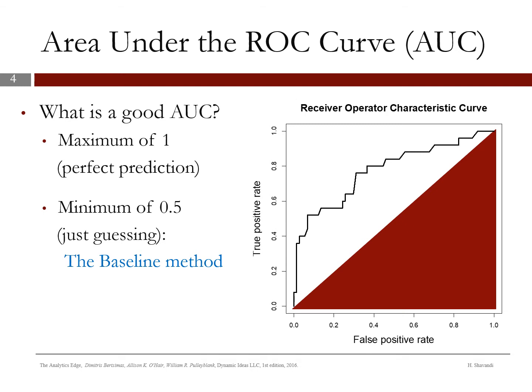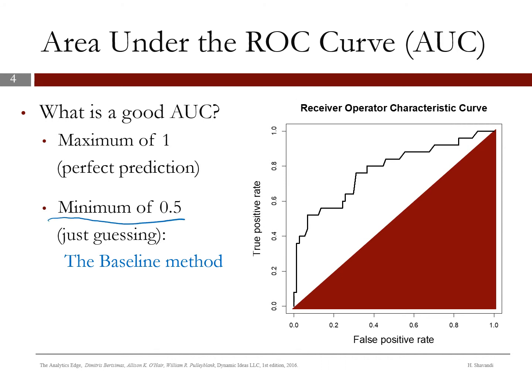Since we have two outcomes for our dependent variable, negative and positive, or 0 and 1, or poor and good, if we randomly select a class for any patient, then with 50% chance we may classify that patient in the right class, right? So in this case, the minimum could be 0.5, just random guessing.